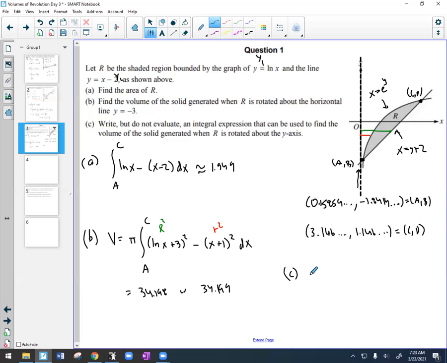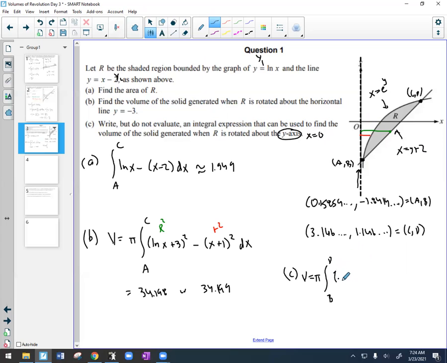Those are r of y's now. So the volume is pi times the integral from, at this point, the smaller y, b, to the bigger y, d, of big R squared. Oops, I forgot the pi. Big R is right minus left, so it's y plus 2 minus 0, because the y-axis is the curve x equals 0.